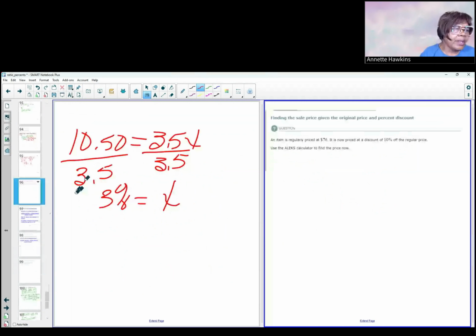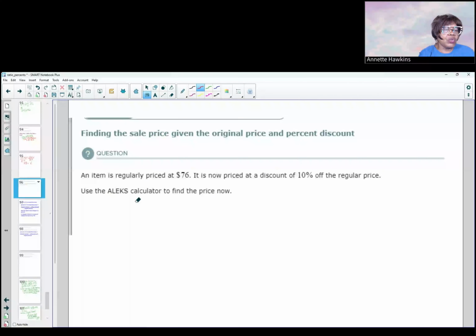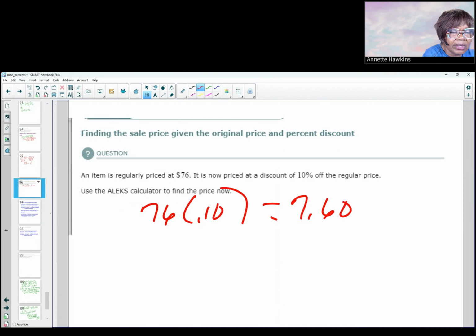All right, let's see what this is. An item is regularly priced at $76. It is now priced at a discount of 10% off the regular price. Find the new price. Now, all of us know how to do this. 10% off, and we would just say 76 times 10%, change 10% to a decimal, and we get $7.60.